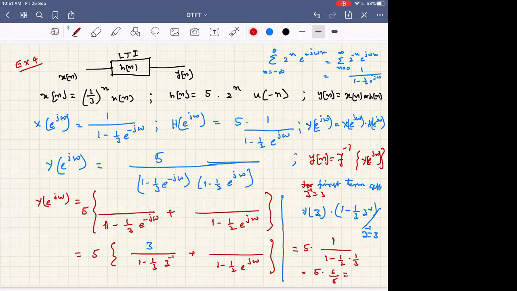So it is finally coming as 6 if I consider this, but if I consider the 5, it is 5 into 6 by 5. Correct? Is this correct or not? Yes, sir. Okay, so similarly, you can find the other term as well.